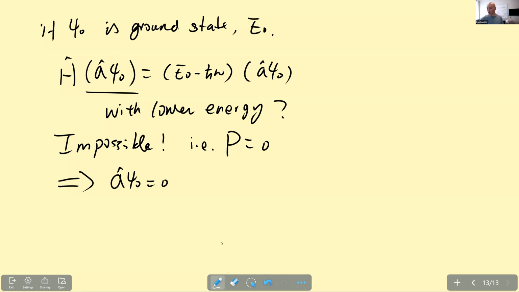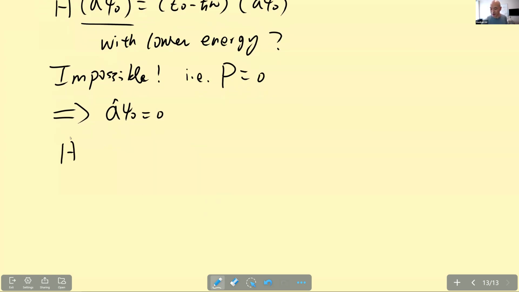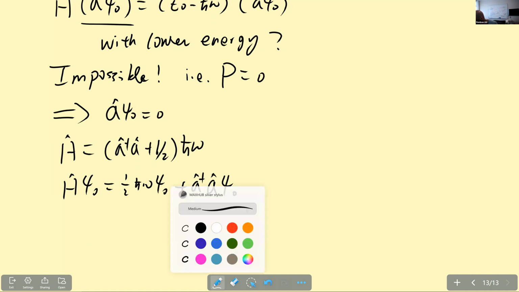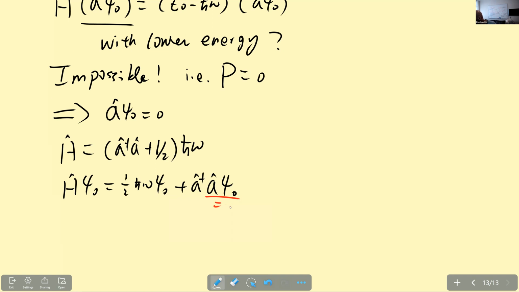And if this is 0, you know that the Hamiltonian is (a†a + 1/2)ħω. Now we're acting this one on |0⟩. So that will equal 1/2 ħω|0⟩ plus a†a acting on |0⟩. But remember, this one equals 0, right? According to this one.